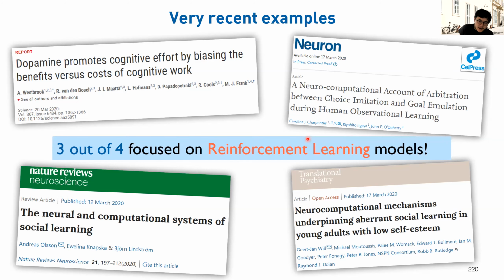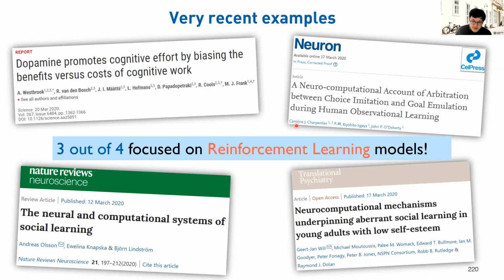Another, more important reason is that those are important papers, great studies, and 3 of the 4 focus on reinforcement learning models. Even though reinforcement learning models started around the early 2000s, and there's been an increase, nowadays, like 2020, 2021, there are still a lot of unknowns that we have to tackle and do research on.